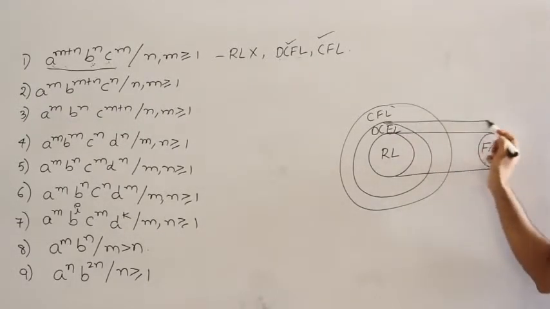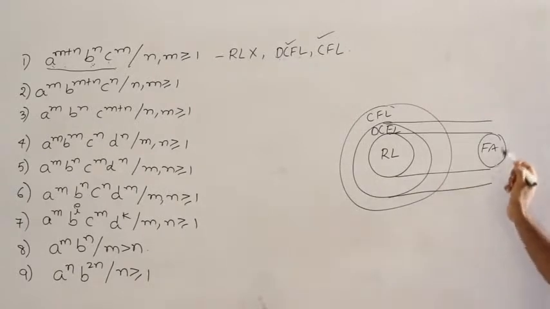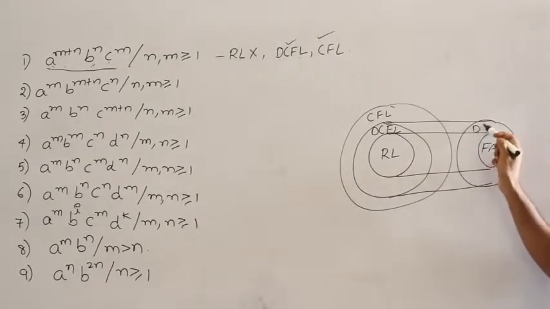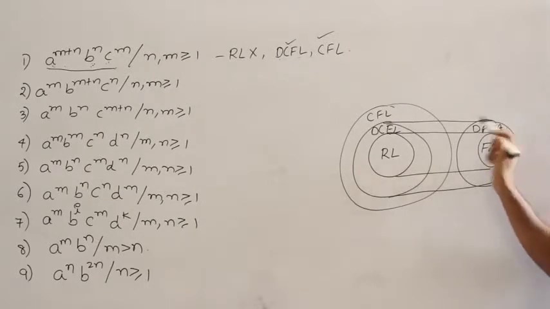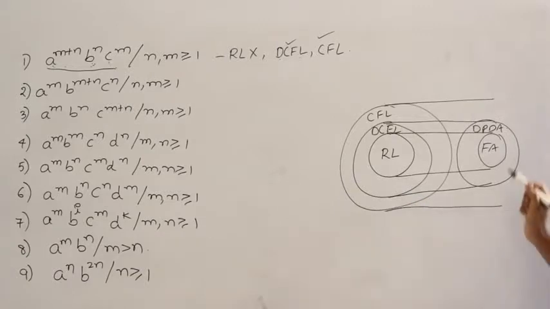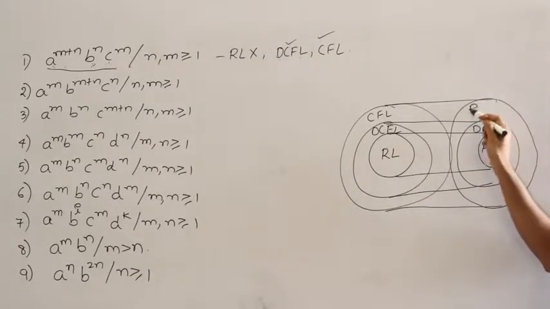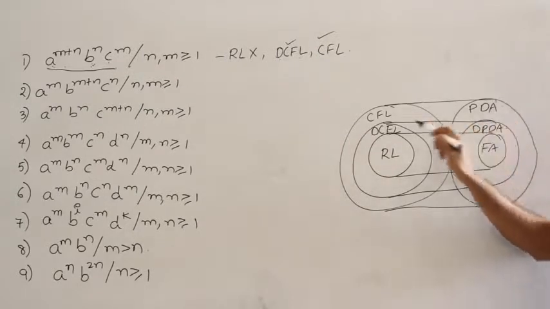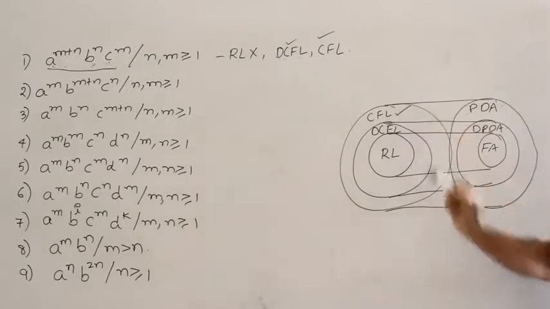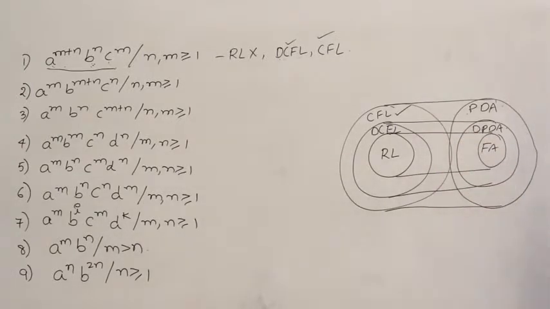If the language has a deterministic push down automaton, then the language is deterministic context free. If the language has a push down automaton, either deterministic or non-deterministic, then it is a context free language. So this is what you should understand.